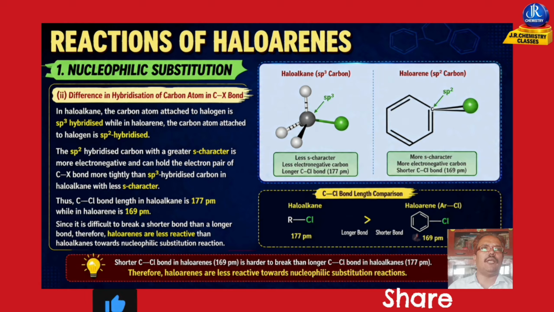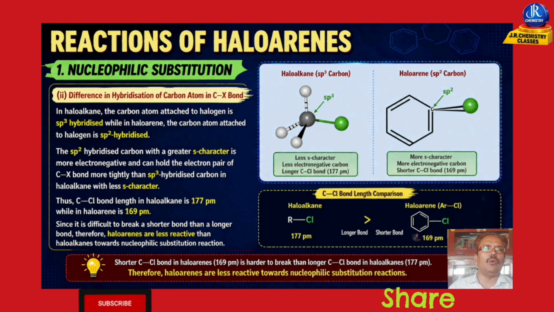The sp2 hybridized carbon with a greater s character is more electronegative and can hold the electron pair of C-X bond more tightly than sp3 hybridized carbon in haloalkane with less s character.